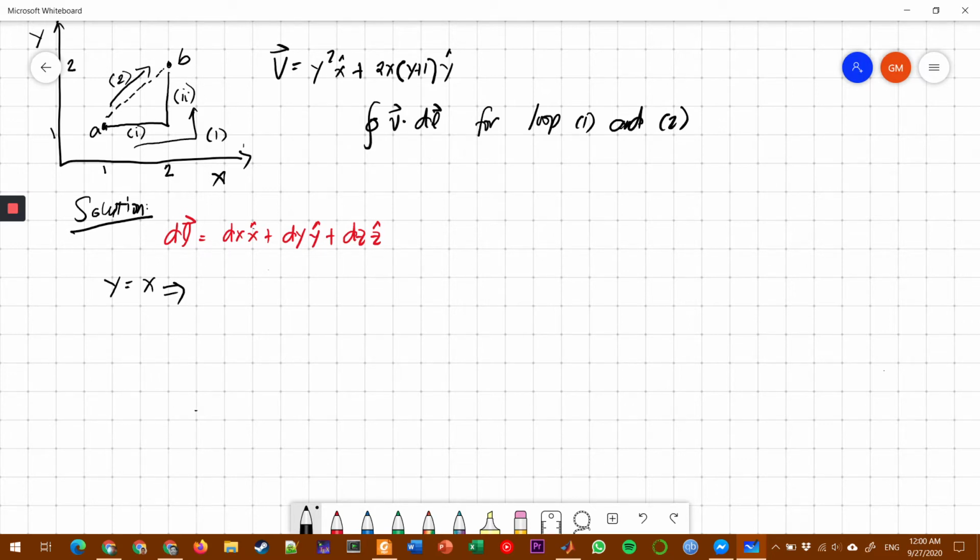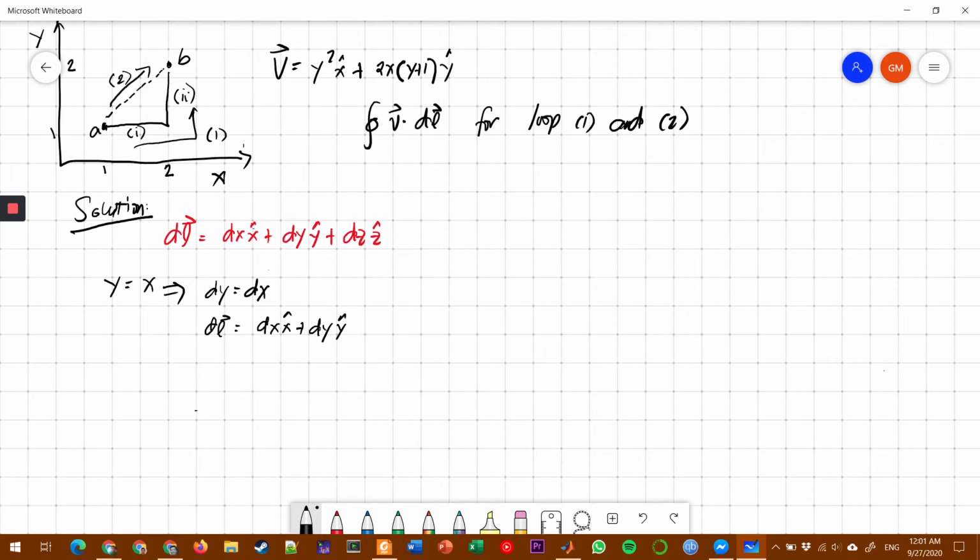Doing implicit differentiation, we have dy equals dx. Then we can also conclude that your dl for this case is just dx x hat and dy y hat. Wala siya dz kay x and y naman na siya, right?